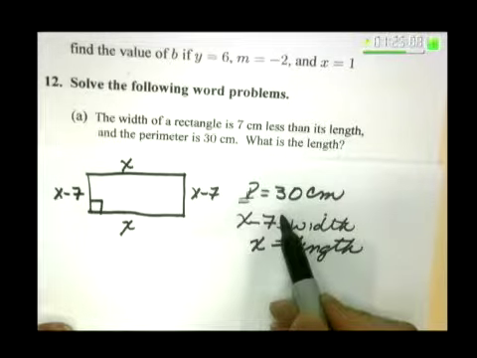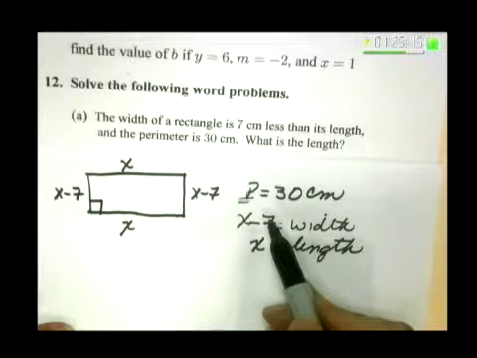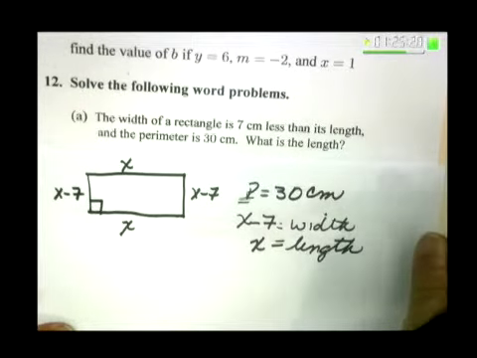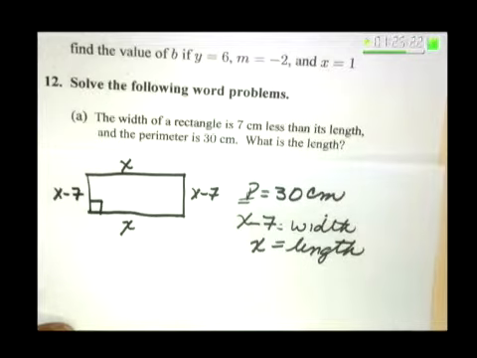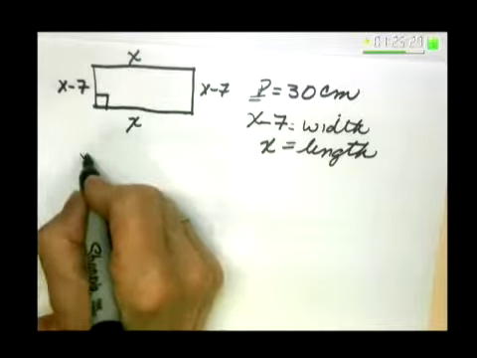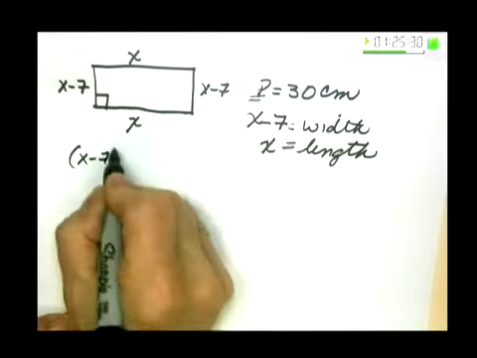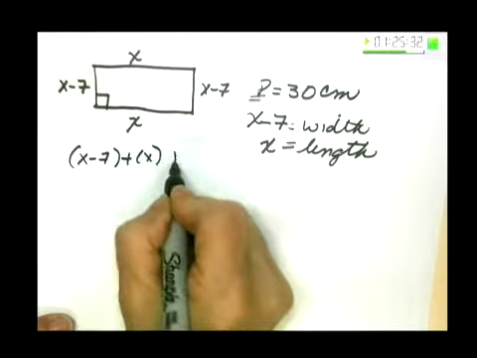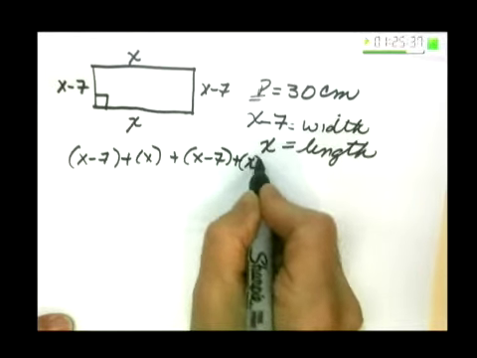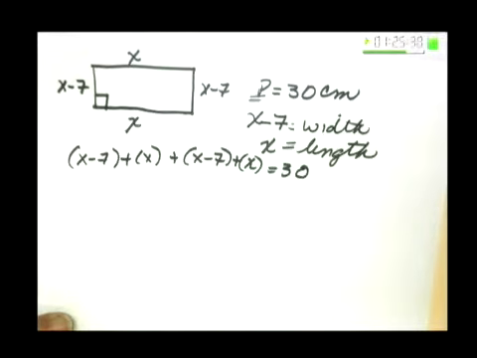And according to the problem, that distance is 30. So I'm going to write a simple equation just using logic without any of the formulas that you have on your formula sheet. And then I will go over the formulas on the formula sheet to show how you could use it that way. So if I add up all four sides of my rectangle, I have x minus 7 plus x minus 7 plus x, and I know that whole length is worth 30.